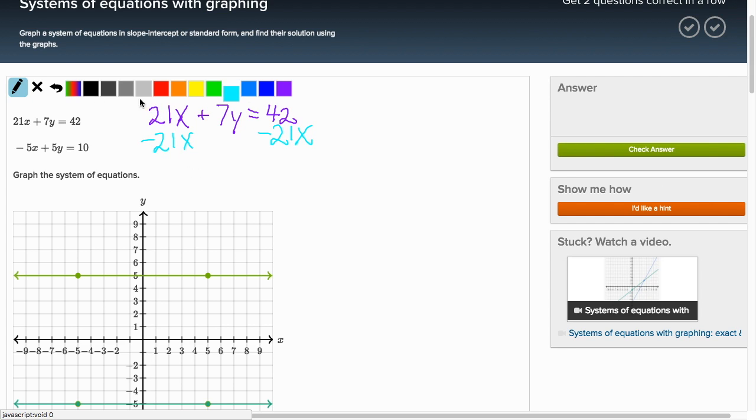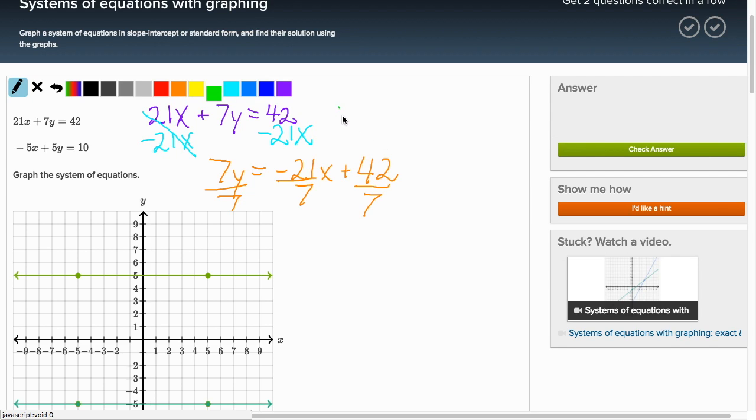These are going to cancel out, and we'll have 7y equals negative 21x plus 42. Now we can divide everything by 7 because that is what is in front of the y.